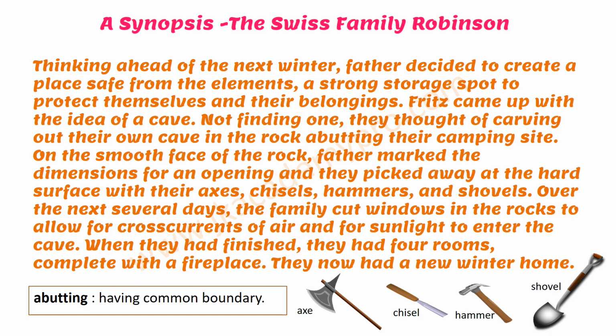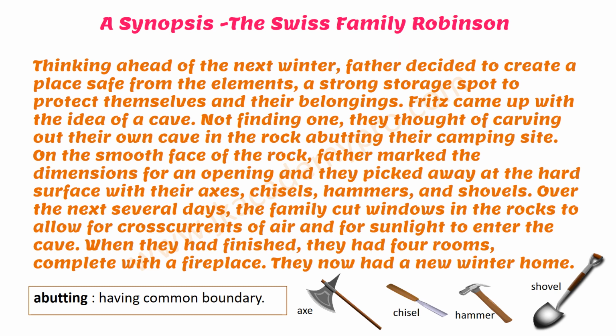of it. Over the next several days, the family cut windows in the rocks to allow for cross current of the air. So they also made windows so that the air circulates well. Cross current means flowing from one side to the other. So when there is cross ventilation, it is called, you must have learnt it in science.